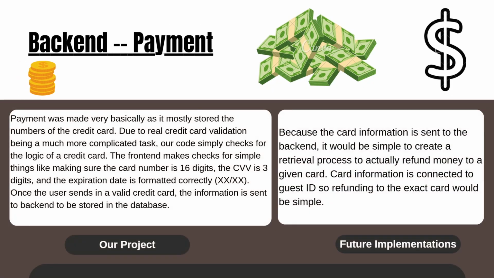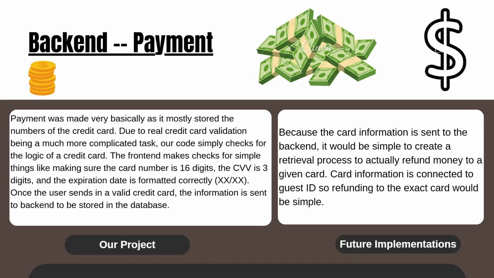So because real credit card validation is a much lengthier process, we just did the logic of a credit card. All of this was done on the front end, and they made sure things like the card number was 16 digits, the CVV was 3 digits, and the expiration date was formatted correctly.